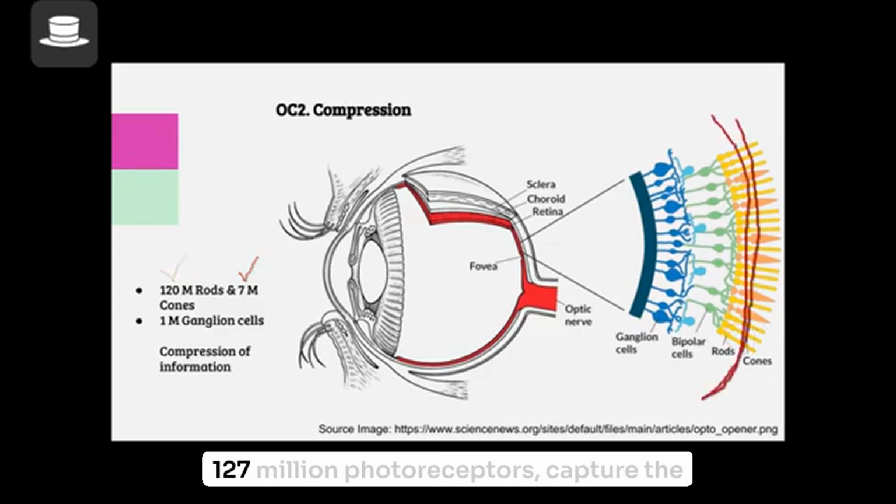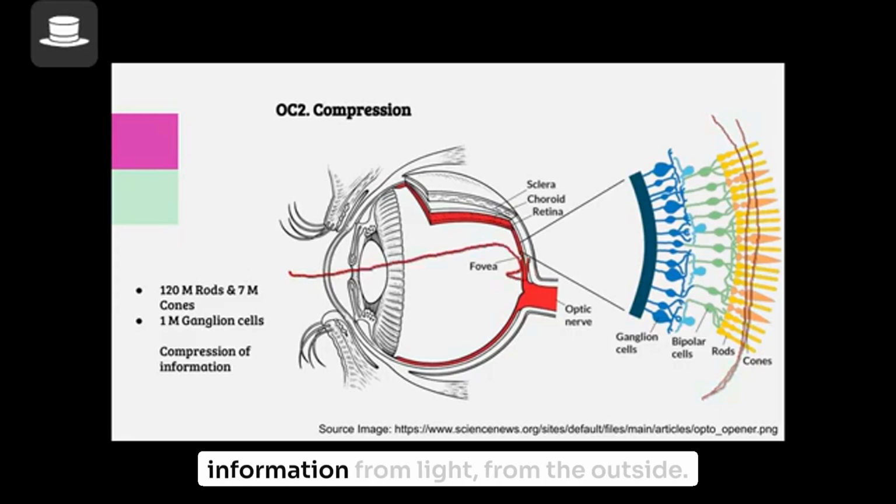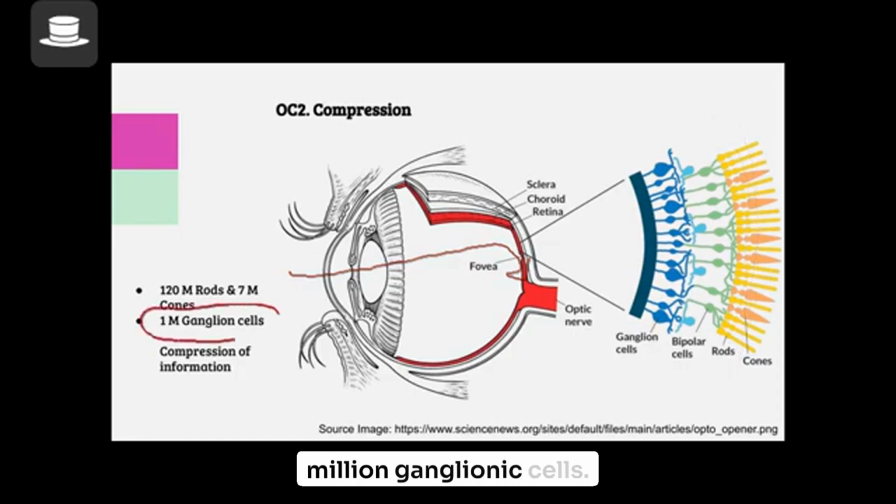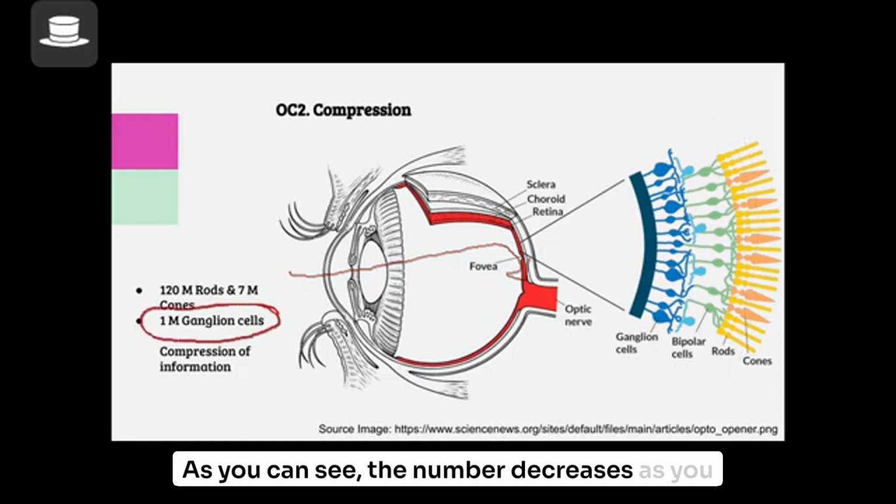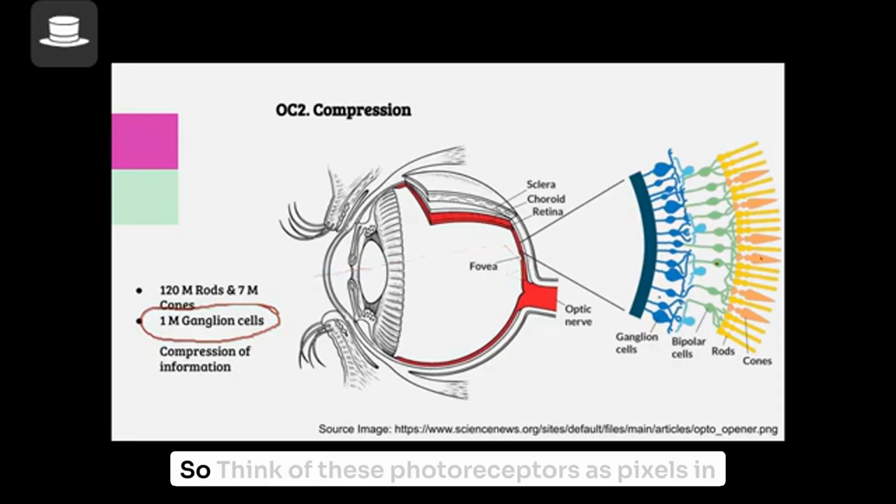So 127 million photoreceptors capture the information from the outside. But the issue here is there are only 1 million ganglionic cells. As you can see, the number decreases as you go from photoreceptors to bipolar cells to ganglionic cell layer. So just think of these photoreceptors as pixels in your camera.